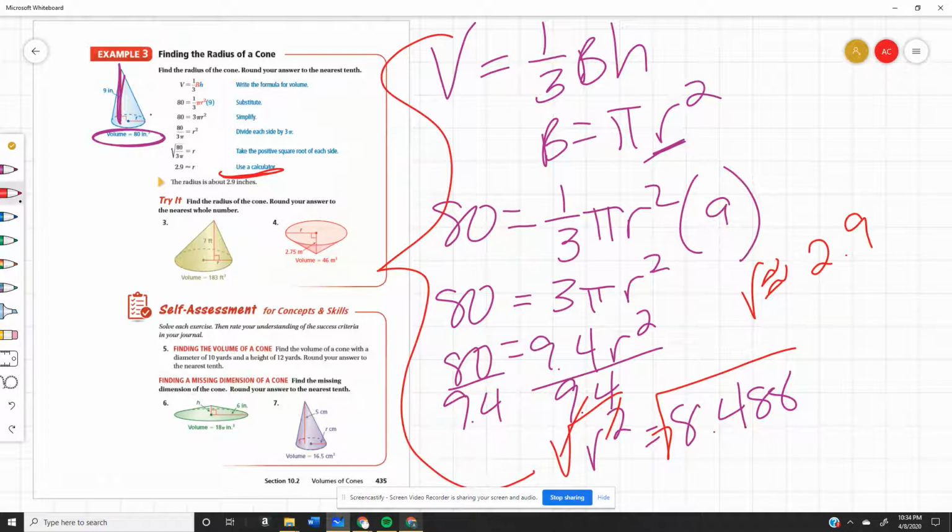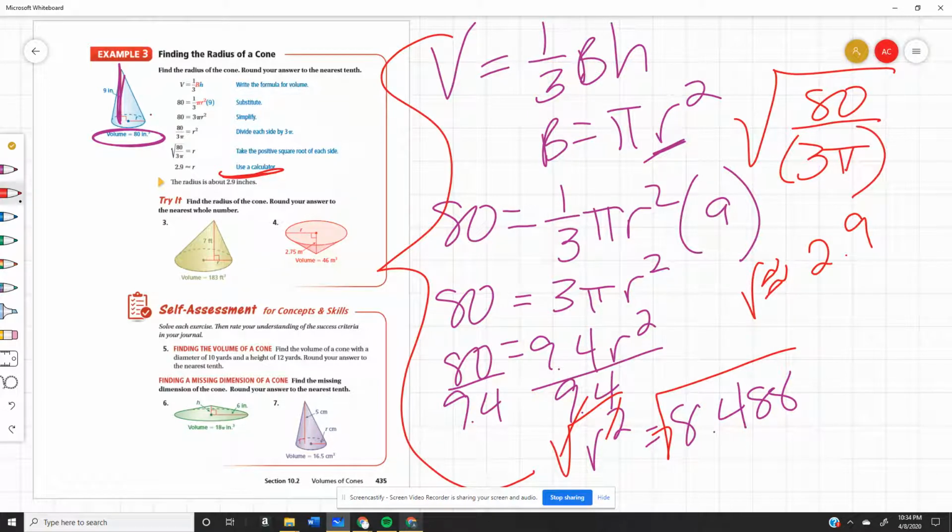There we go. Okay, the 3 pi part, that's what it is. So when you plug it into the calculator, it's the square root of 80 divided by 3 pi. You got to put the 3 pi part in parentheses. So when I did that, it went ahead and gave me this answer. So that's why seeing it sometimes and learning how to play with it on the calculator is helpful.